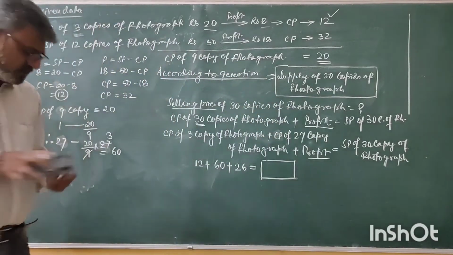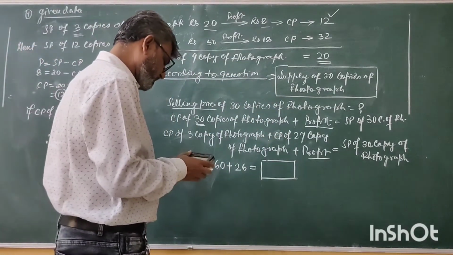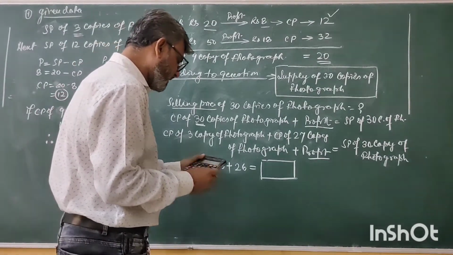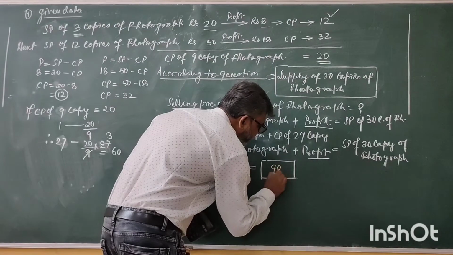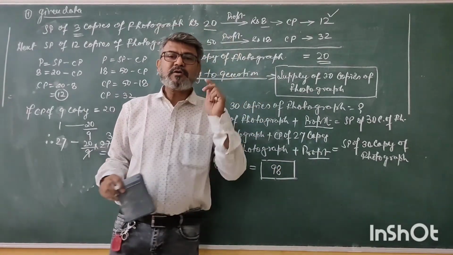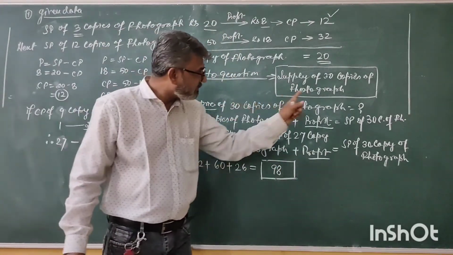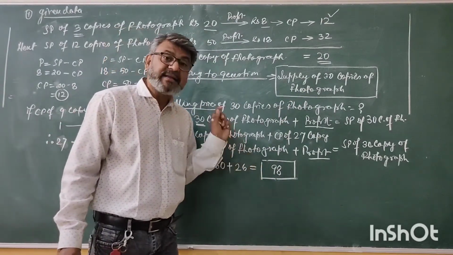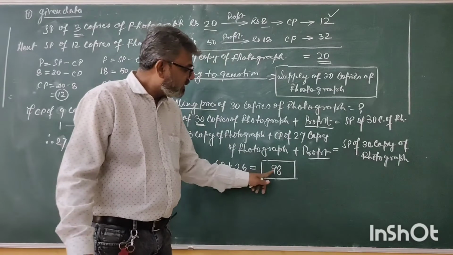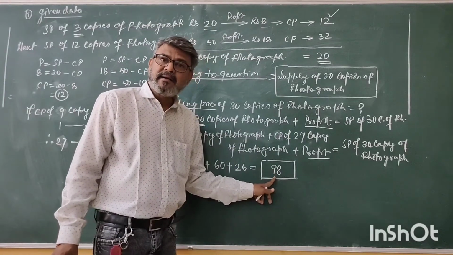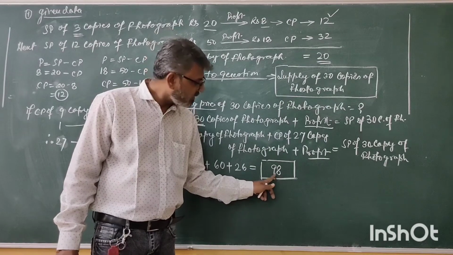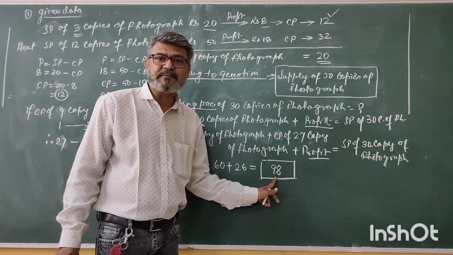Here 12 plus 60 plus 26 equals 98. That means a photographer sold or supplied 30 copies of photograph, and he is taking profit of rupees 26, equals 98 rupees. Clear?